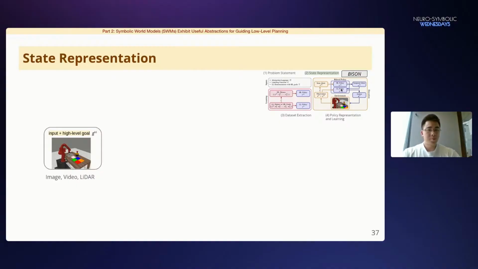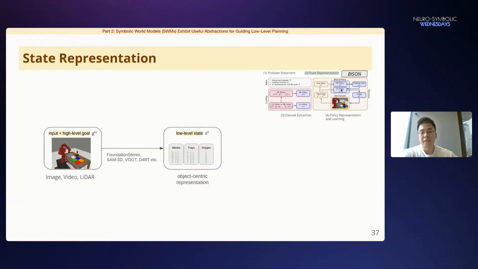So given our problem statement, we're going to next move on to our state representation. So our inputs are usually low-level state representations combined with some high-level goal that could be a textual description. So low-level states can generally be like image, video, or LiDAR.